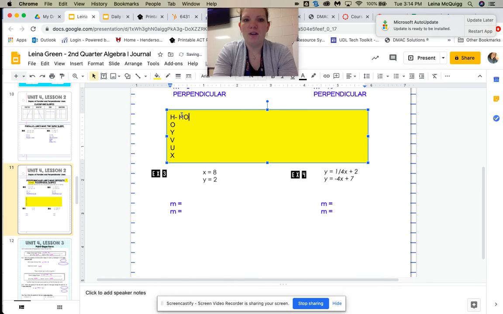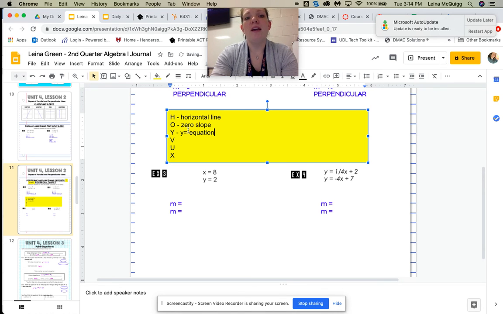Hoy-Bucks means H stands for horizontal. If I have a horizontal line, that means my slope is 0. So I have a 0 slope. And that means my equation will be y equals something.